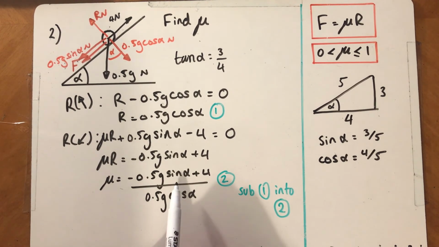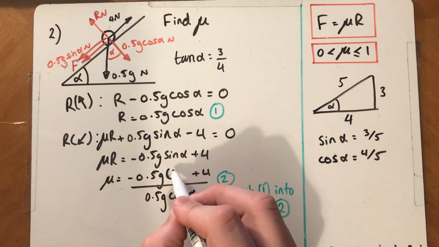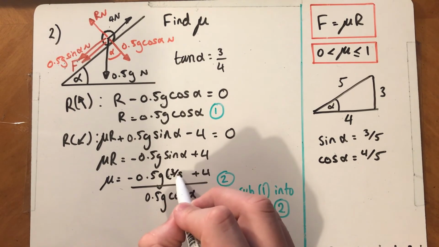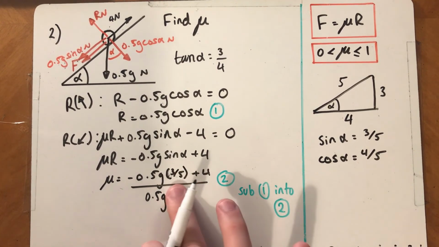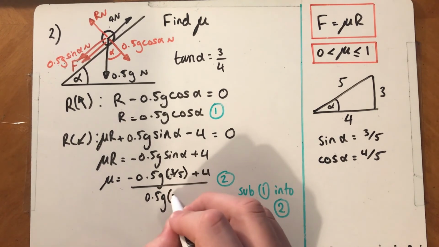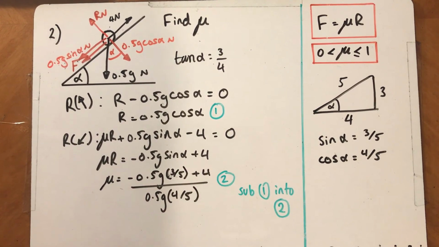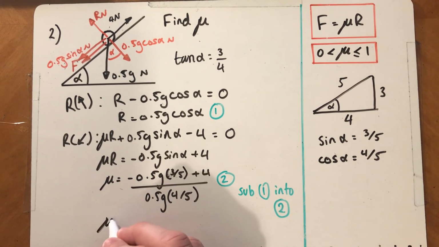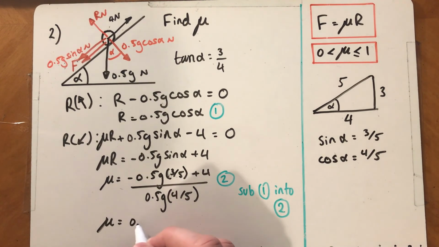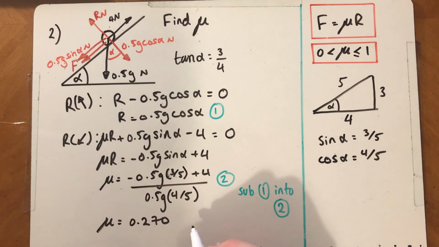I know the value of sine alpha and I know the value of cos alpha, so I can just substitute those in also. So the exact value of sine alpha is 3 over 5, what we did at the start, and the same for cos alpha, it's 4 over 5. Okay, so now you can just put this into your calculator and you should get a value of mu which is 0.270 to 3 decimal places.